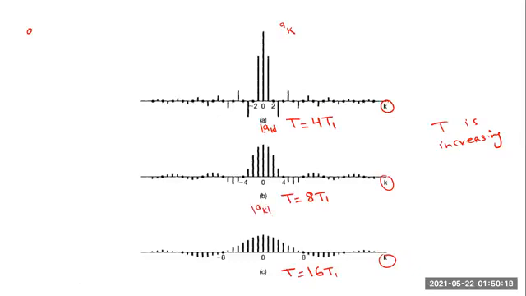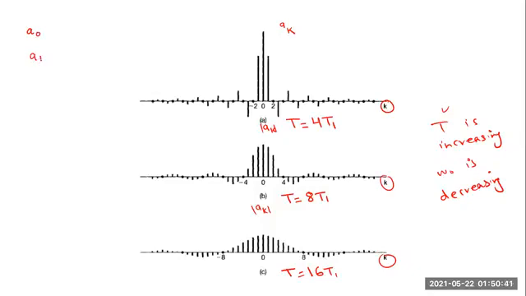So what is actually changing? When you increase the period, what happens to the frequency? Omega naught is decreased. So it means the different Fourier coefficients that you will get.